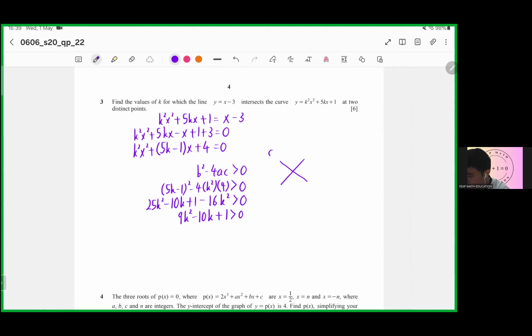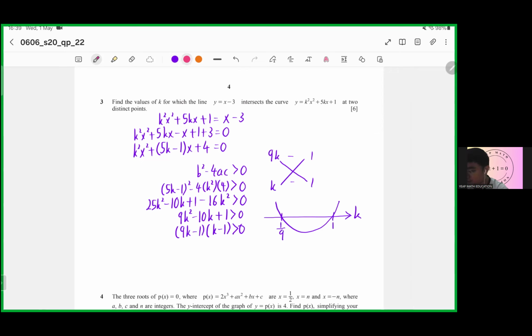Now I factorize. Here I put 1/9 and here is 1.